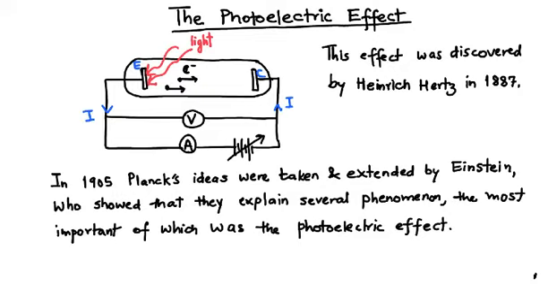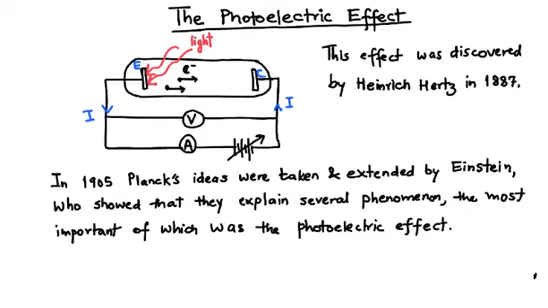In 1905, Planck's ideas were taken and extended by Einstein, who showed that they explain several phenomena, the most important of which was the photoelectric effect. At first sight, this process, which is the basis of some modern light detecting devices, appeared perfectly consistent with the classical EM theory.